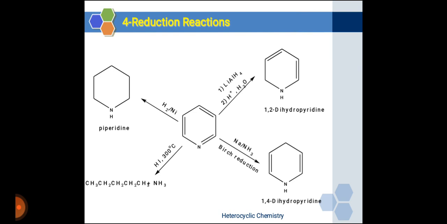Again, the pyridine reacts with hydrogen iodide at 300 degrees Celsius to give a ring opening reaction, and pentylamine is formed. So these are all the various reduction reactions of pyridine.